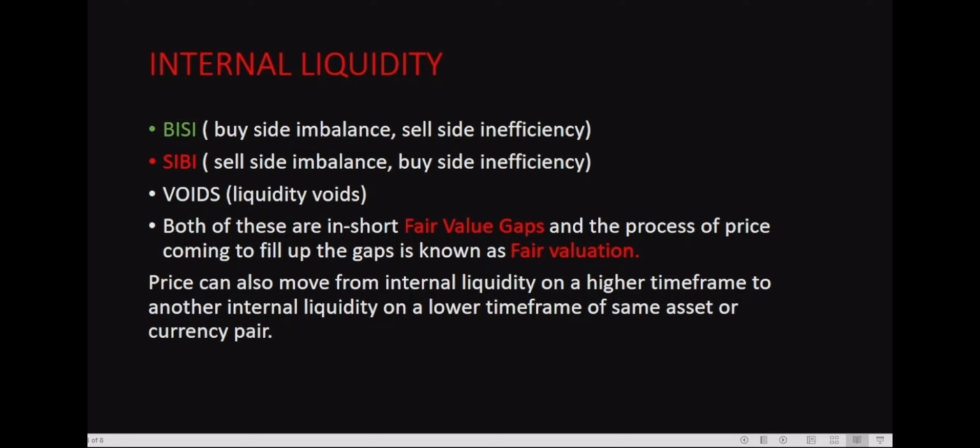And why is it a sell side inefficiency? It's a sell side inefficiency because price bought, and during the course of that particular candle while it was buying, there was almost no selling activity, or should I say sell orders being placed at that particular moment.